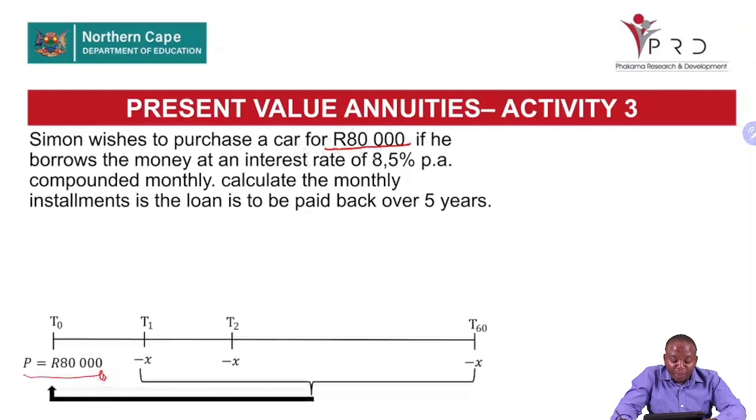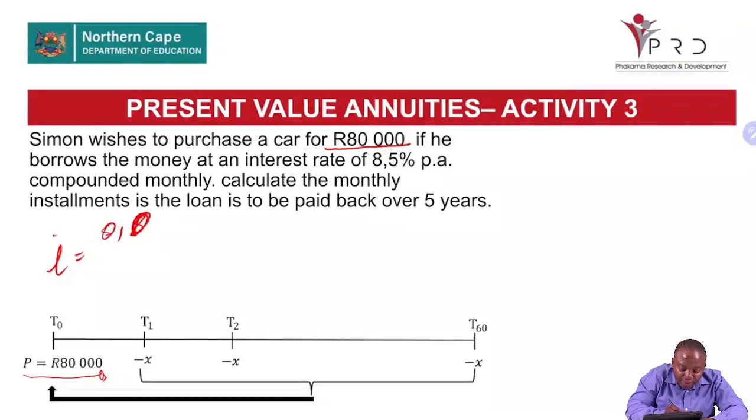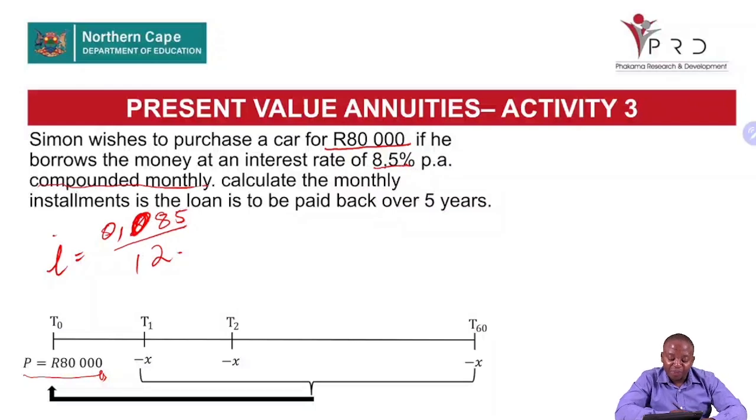The money that he borrowed is at an interest rate. Our I in this case is how much? It's 0.085. That is to say, we take 8.5, we divide that by 100. All over, we have a compounding period there, which is monthly. So all over 12. They said calculate the monthly installment.